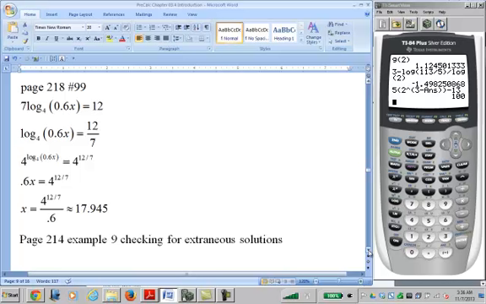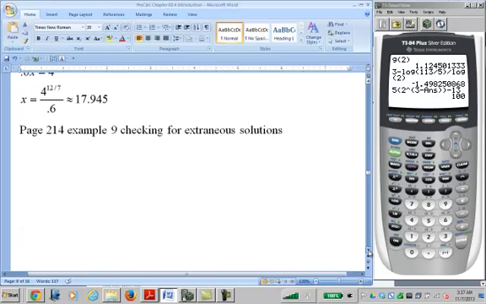Exponentiate. Since it's the log base 4, we use base 4 for the exponent. So we have 4 raised to the power of log base 4 of 0.6x equals 4 to the 12 over 7. 0.6x equals 4 to the 12 over 7. X equals 4 to the 12 over 7 divided by 0.6 equals 17.945.